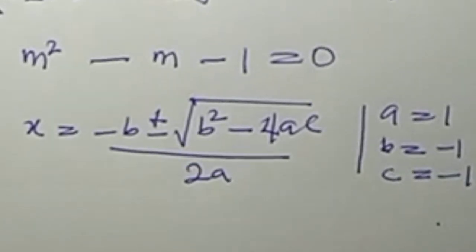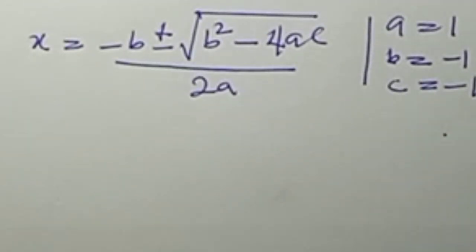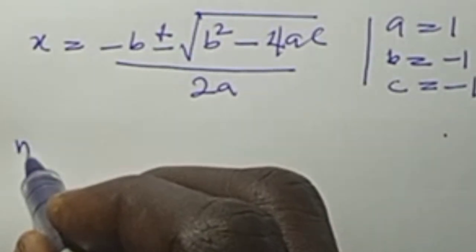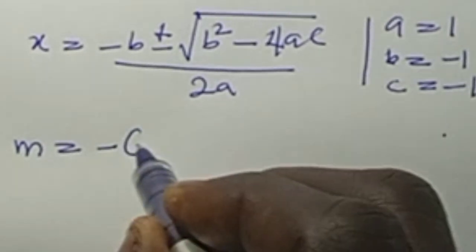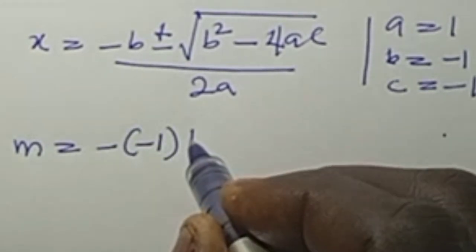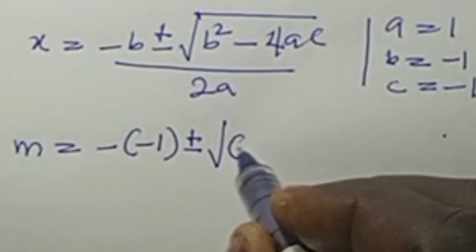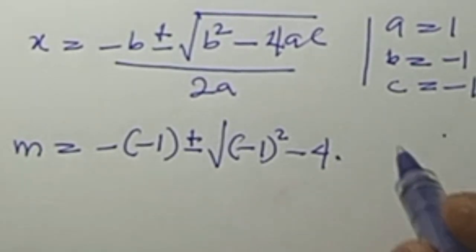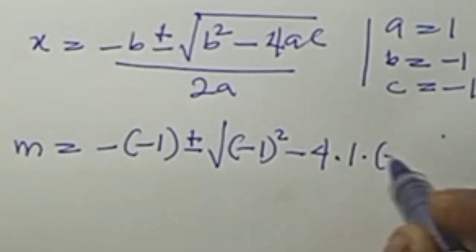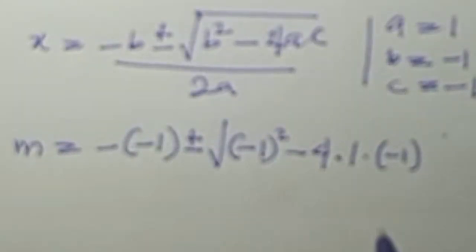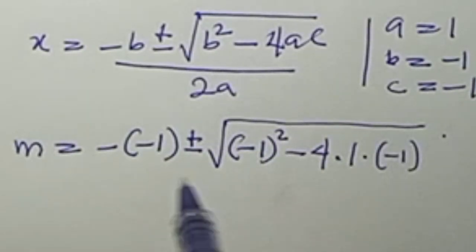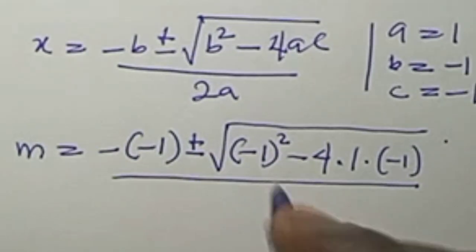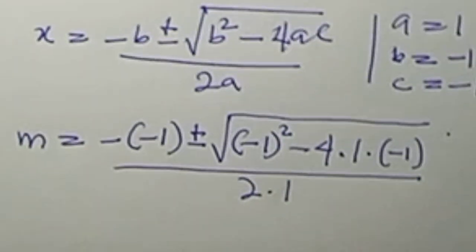So here, if we bring in our values, m therefore becomes minus minus 1 plus or minus square root of minus 1 squared minus 4 times 1 times minus 1, that is c, all over 2 times 1.